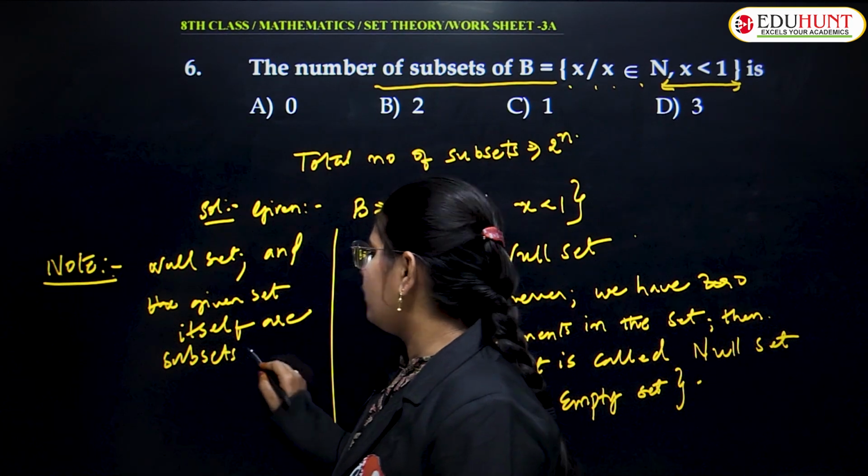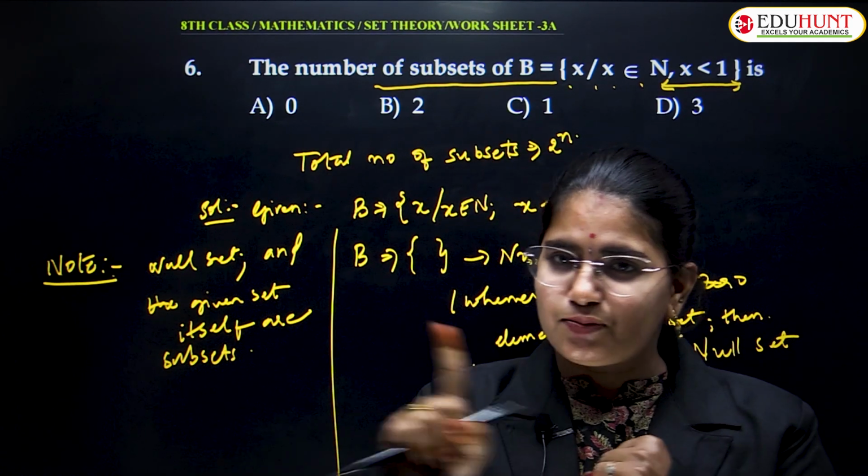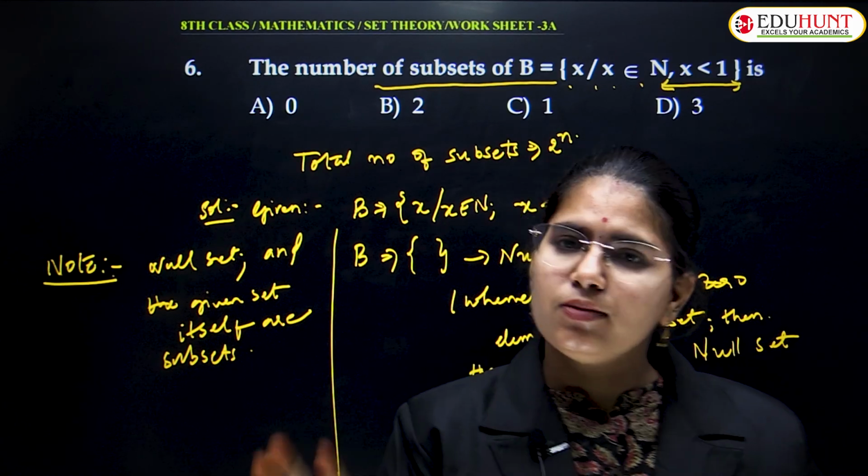Correct? Whenever you are writing subsets of any set, the null set will be one subset and the set itself also becomes one subset, right?